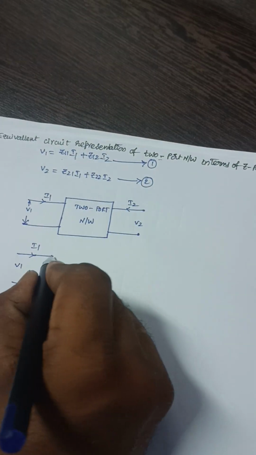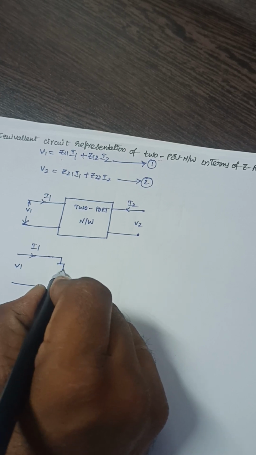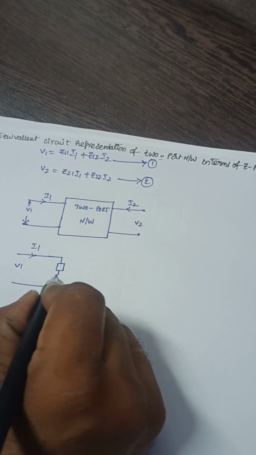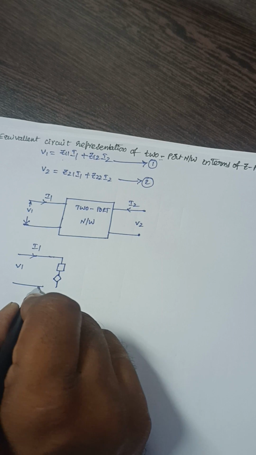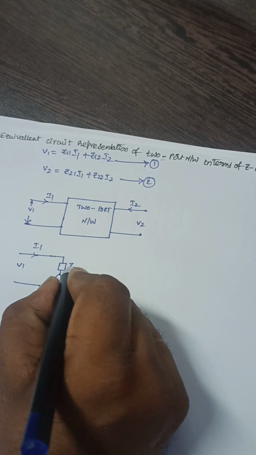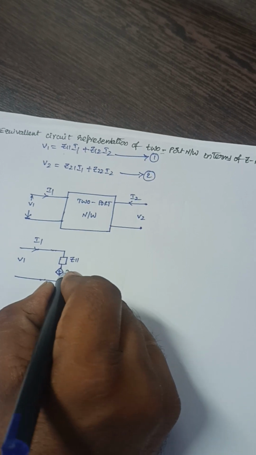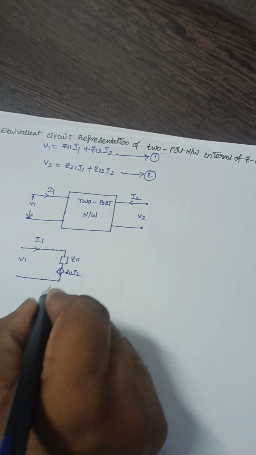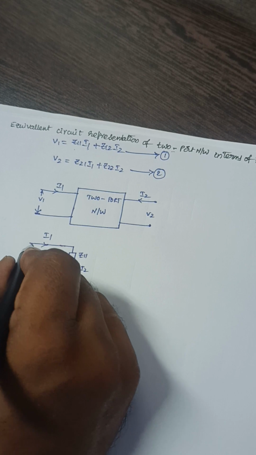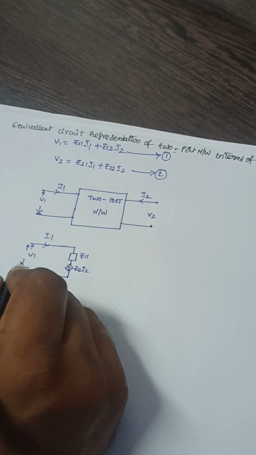From this equation, if I write it like this, it is Z11 and plus, it is Z12 into I2, and this is V1.